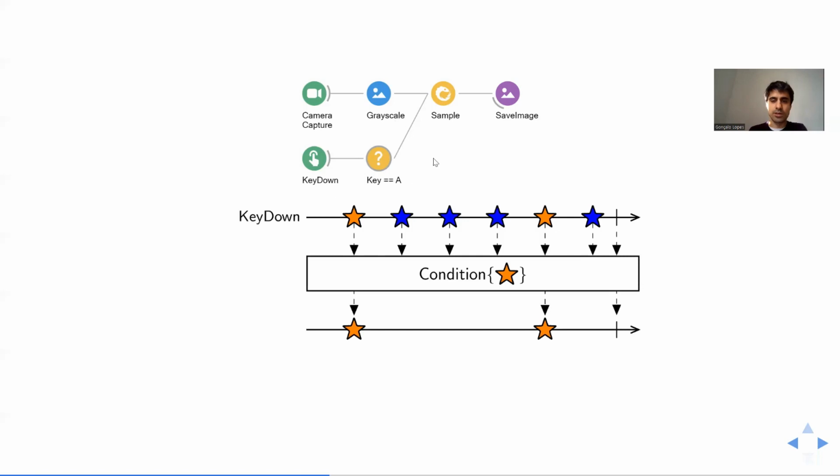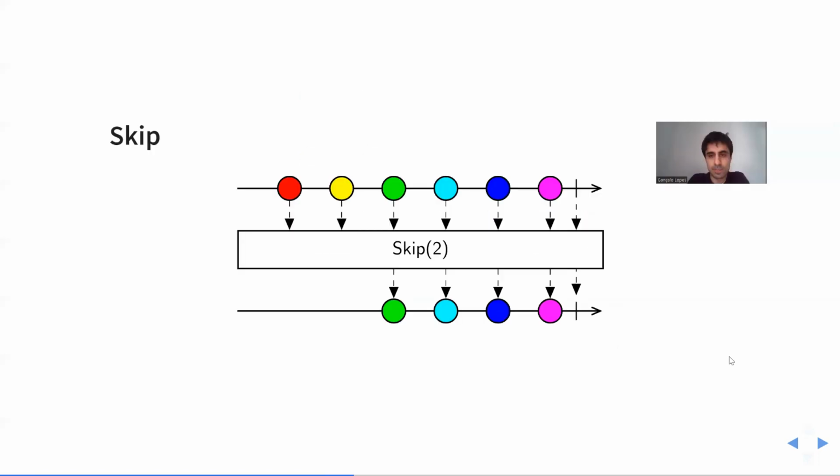And the way a condition is represented in a marble diagram is like this. You can imagine that a key down can have different values depending on which key is pressed, and condition is only looking for a specific value of the key, and only those values are emitted, retweeted, if you will, into the result sequence.